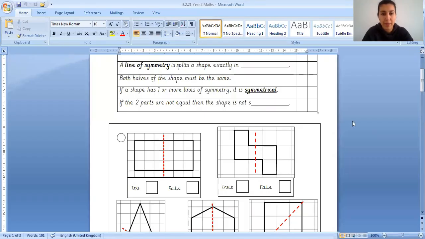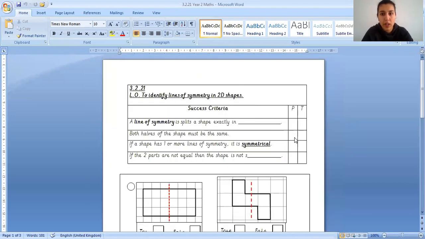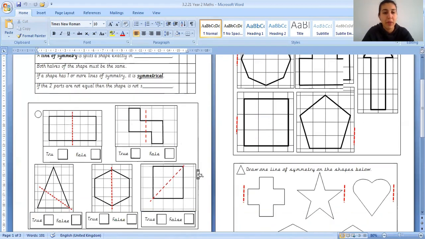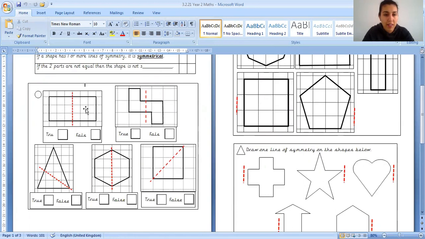Okay, so hopefully you can see my screen now. This is the worksheet that is available to download on the Byron Wood School website in the home learning section for year 2. So that circle sheet has those pictures on for you to answer true or false.